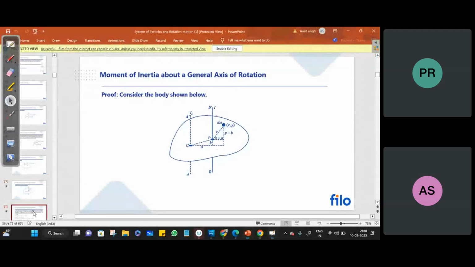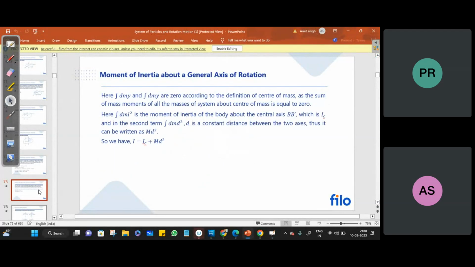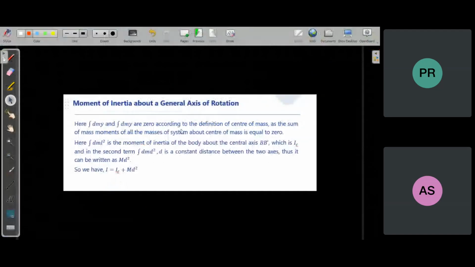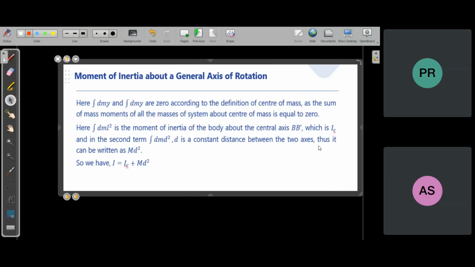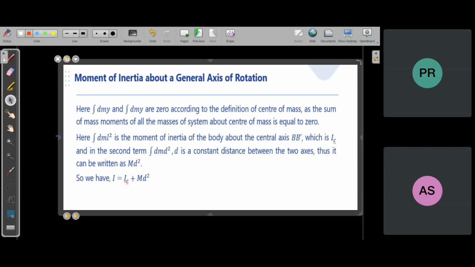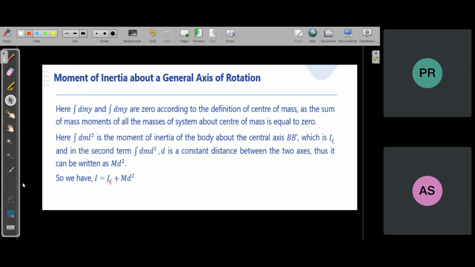So if d is the perpendicular distance between the two axes, then if I directly state it, the moment of inertia of the body about any axis which is parallel to the axis passing through center of mass and at a perpendicular distance d is given by I equal to IC plus m d square, where IC is the moment of inertia of the whole body about an axis passing through center of mass of the body, m is the total mass of the body, and d is the perpendicular distance between the two axes.